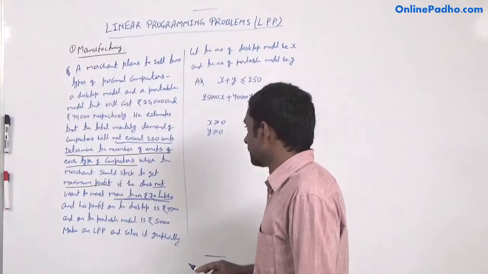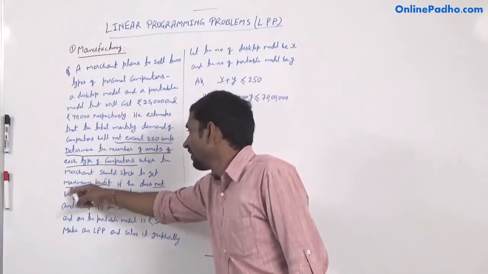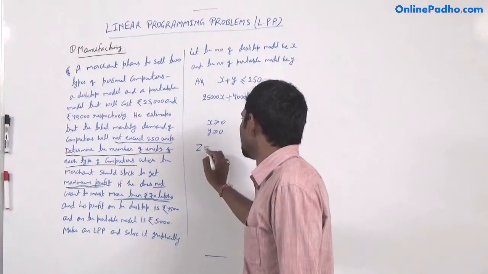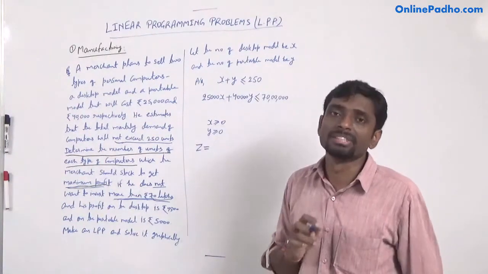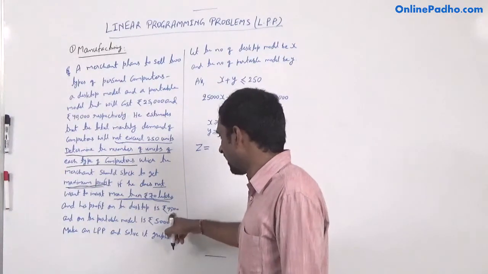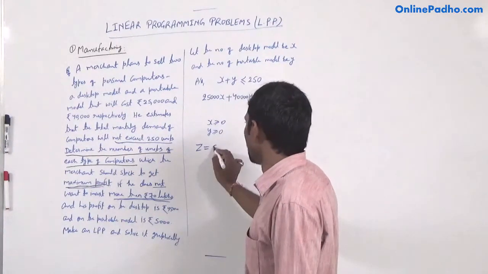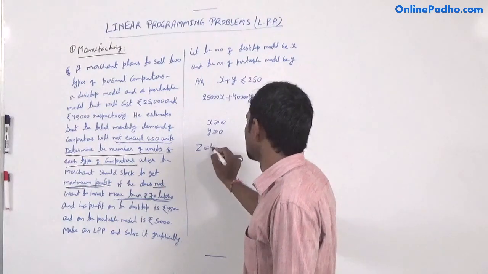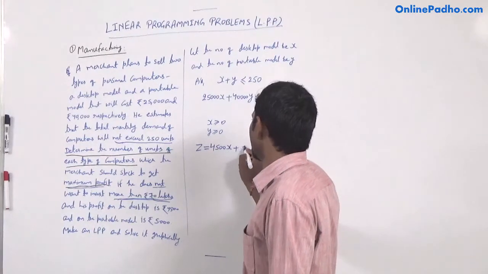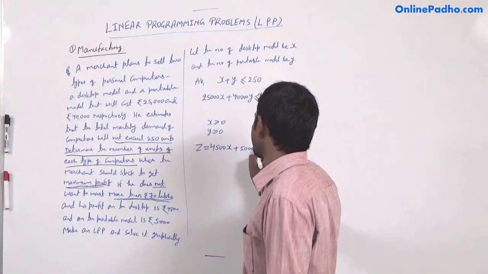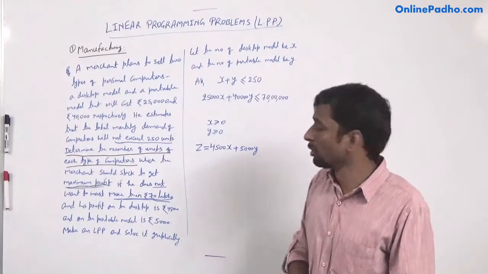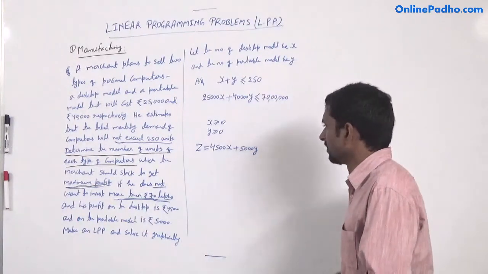Next, to find the maximum profit, we need to write the function Z, which is the profit function. The profit is 4,500 on each desktop model, so the total profit is 4,500X plus 5,000Y.